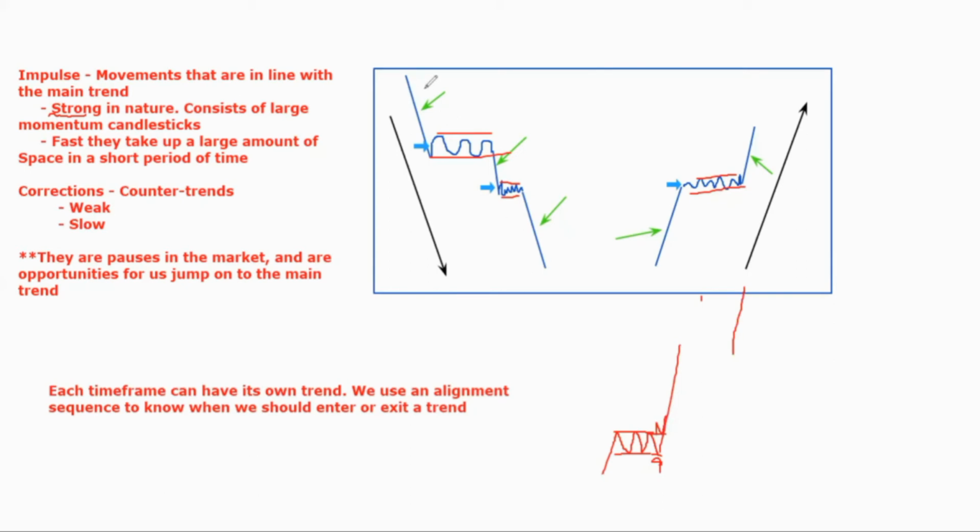Because an uptrend is a buying market. So in a buying market, you're only interested in buying. You do not want to act against the main trend. So the same thing will happen here. Let's say this was minor resistance, the market broke it and now it's retesting it as support.